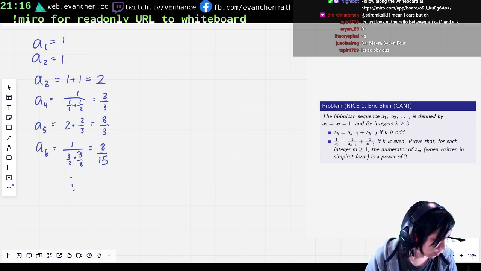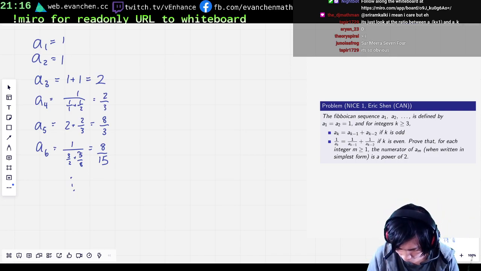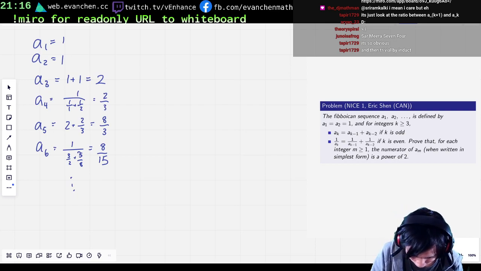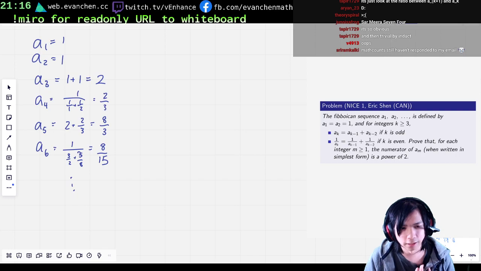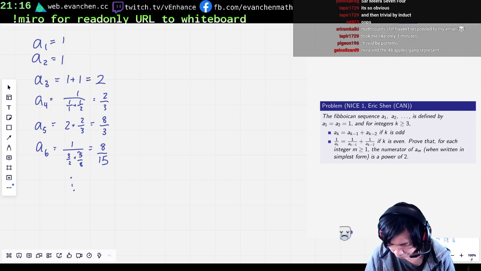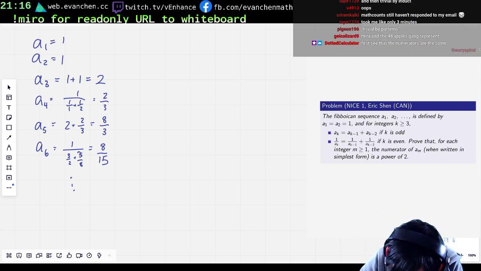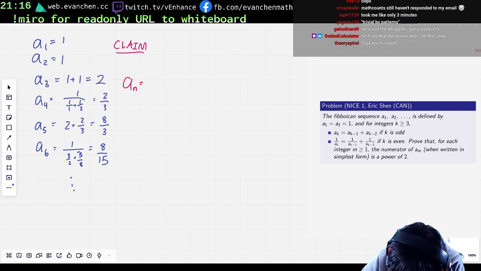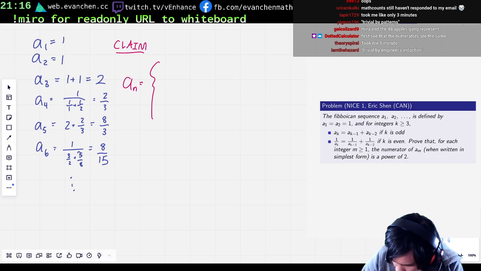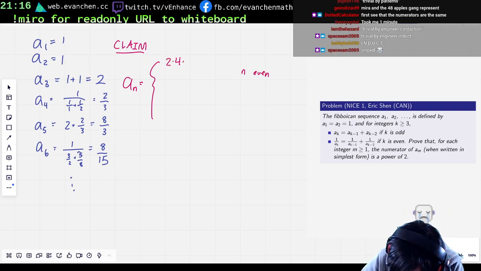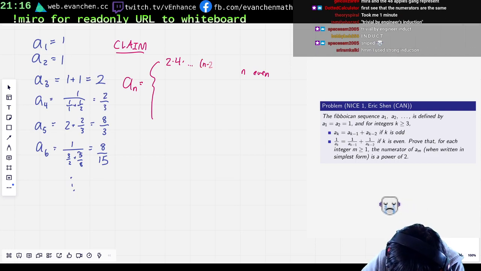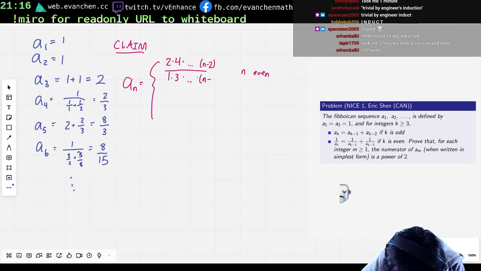Okay, so the idea is I'm going to claim the sequence has a closed form, and you can guess the closed form by looking at the ratio between consecutive terms. But claim: a_n is given exactly by the following formula. For n even, it is the product of 2 times 4 up to n minus 2 divided by 1 times 3 up to n minus 1.